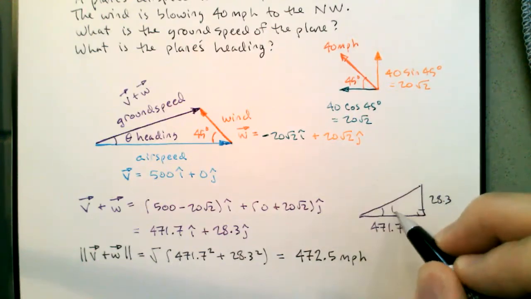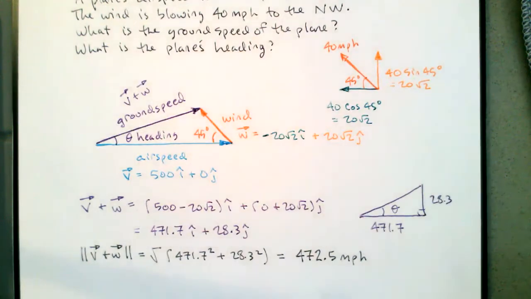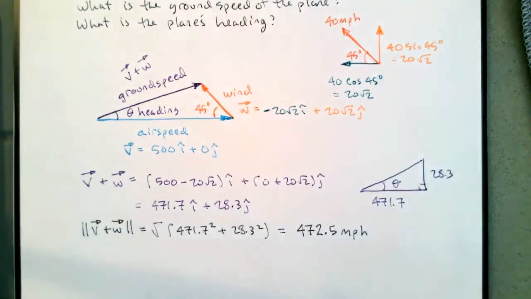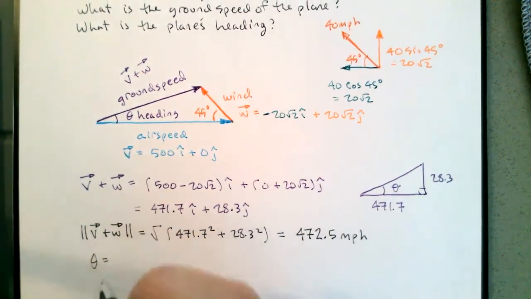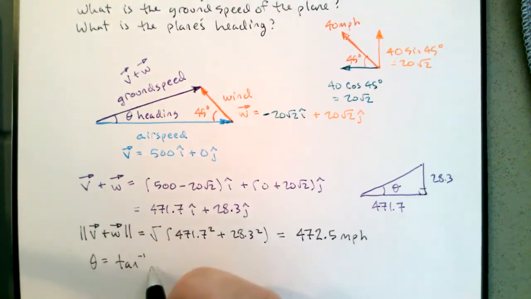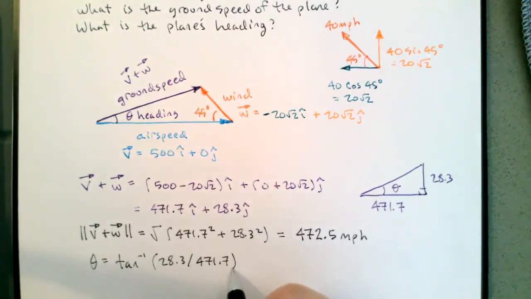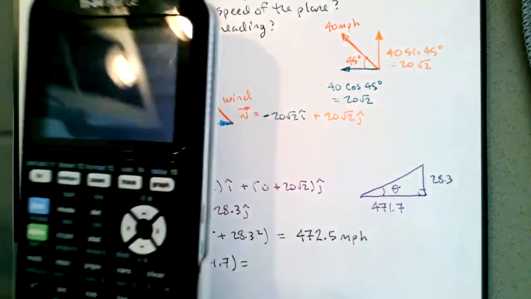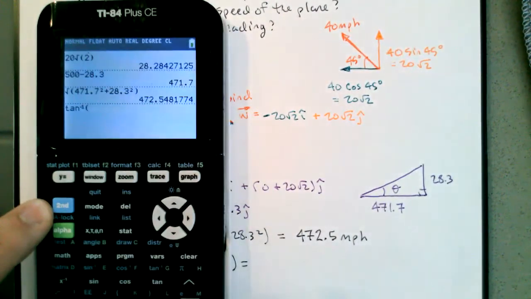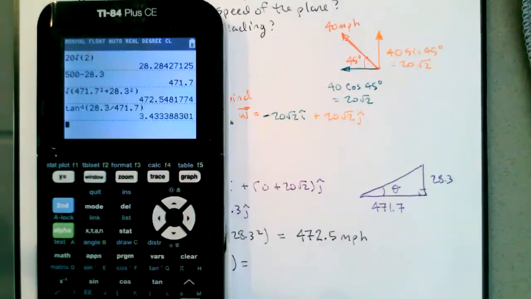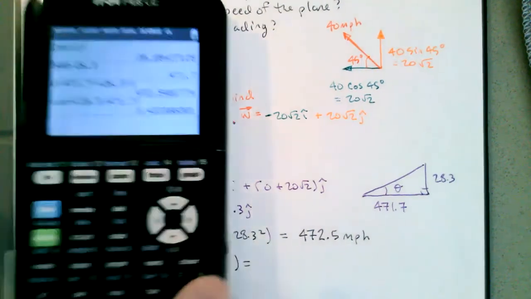So if I want to find this angle theta, 28.3 will be opposite theta and 471.7 will be adjacent to theta. So I can find theta with the inverse tangent of opposite divided by the adjacent. So 3.4 degrees.